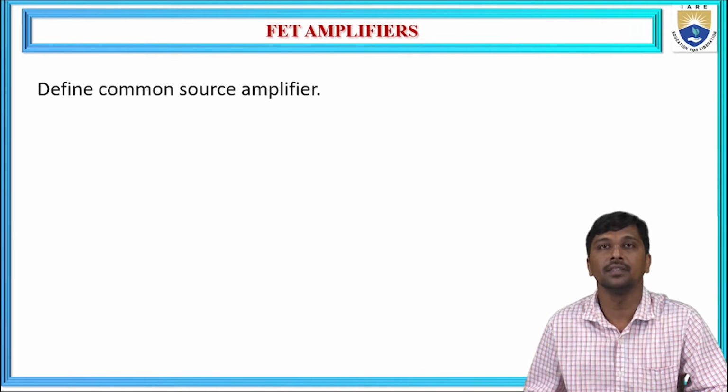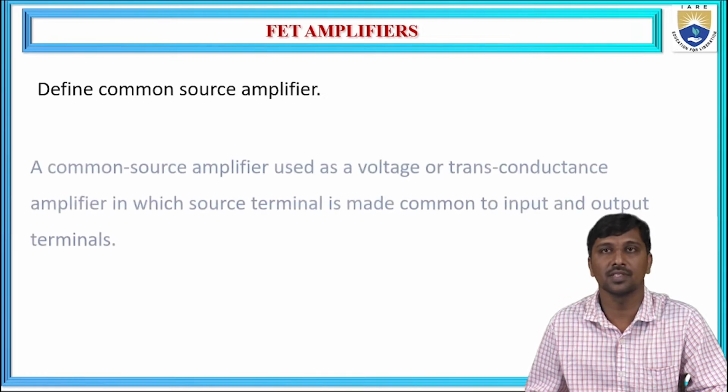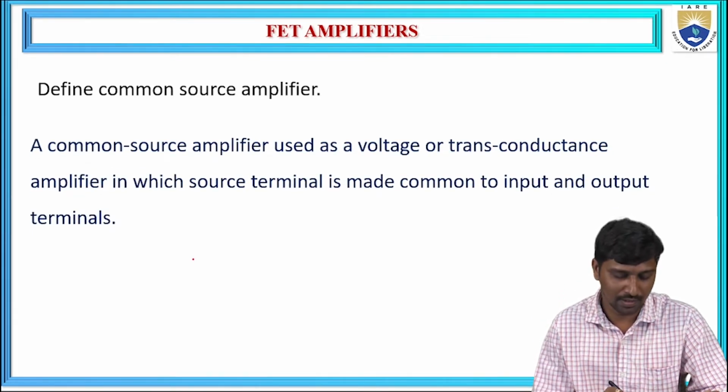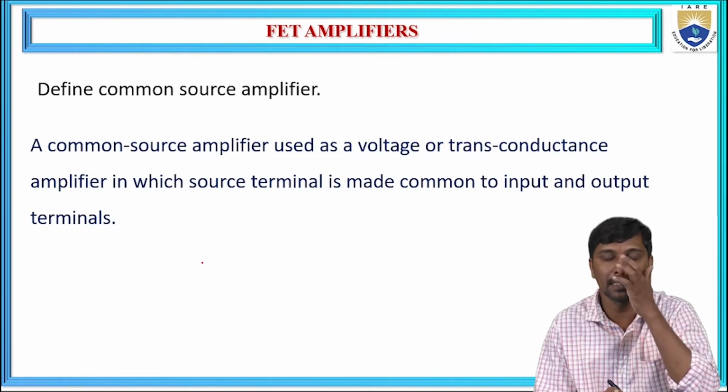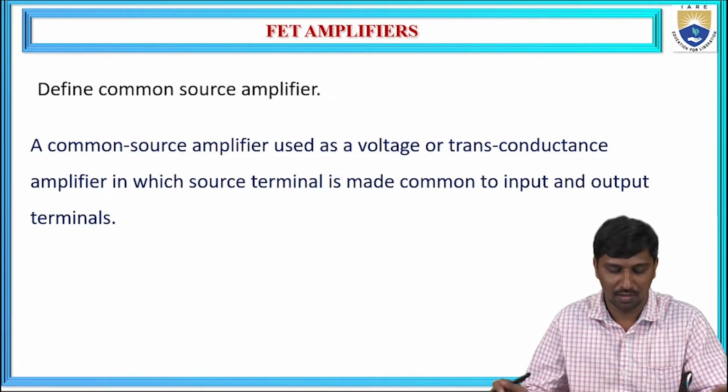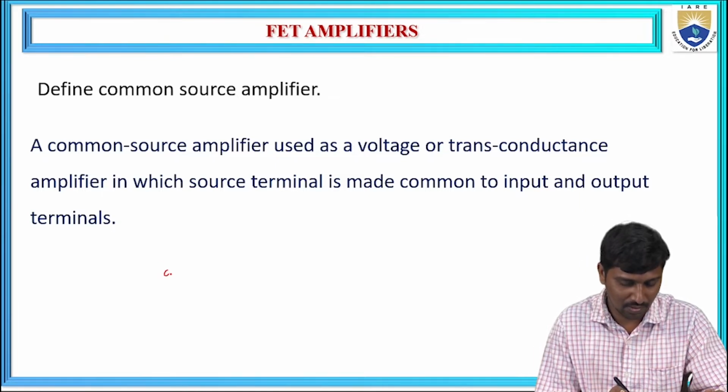Now similar to that, the next one is: define common source amplifier. Based on the field effect transistor configuration, we have three terminals: source, drain, and gate.